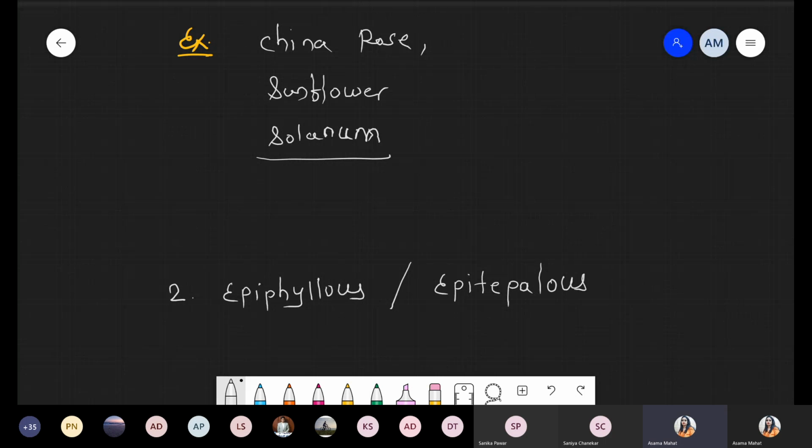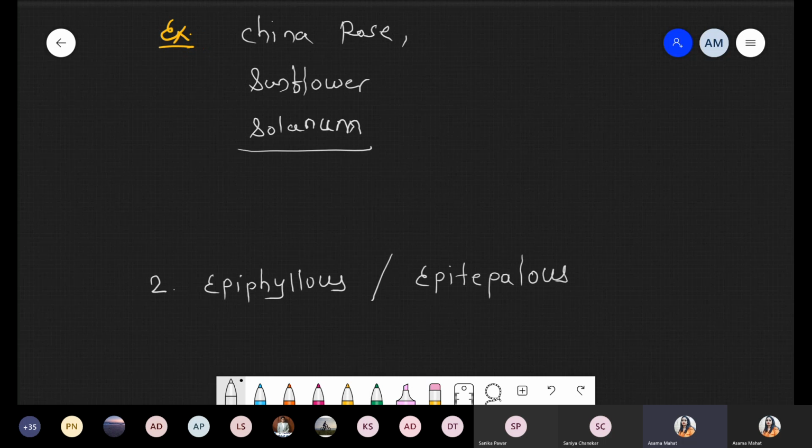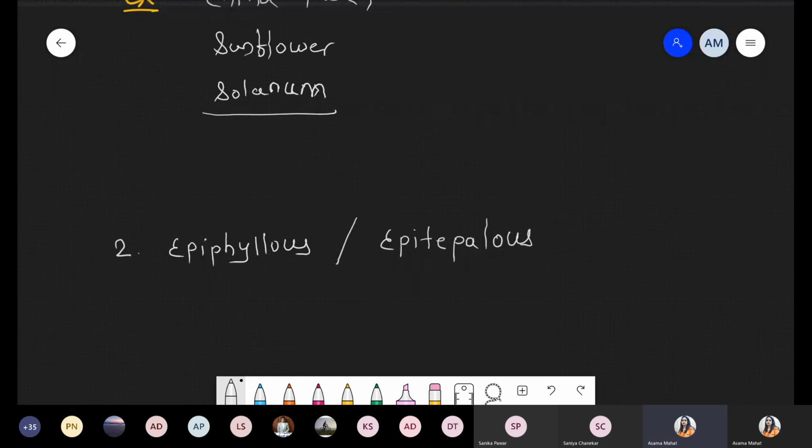Epiphyllous or epitepalous. Remember, we already discussed the tepal point. And what is the meaning of tepal? Tepal is equal to sepal plus petal.